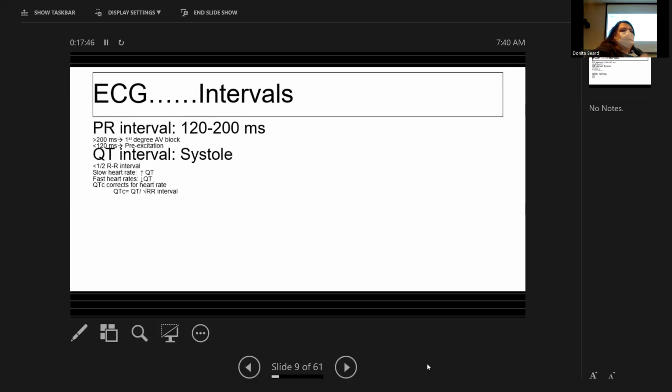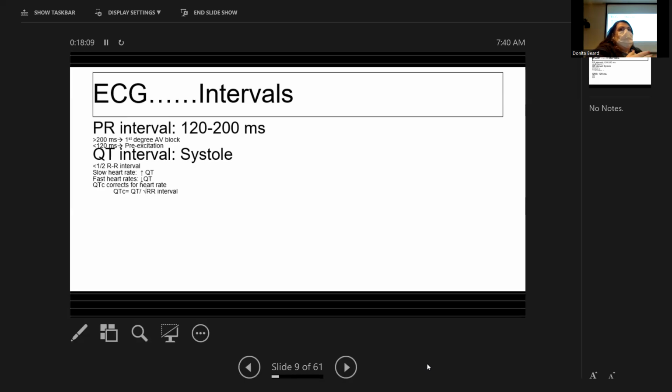The QT interval is really what defines systole. So this is when the ventricles are contracting. They like to test this on any kind of test. They'll show you what looks to be a normal EKG, and they may give you some history where the patient may have hypocalcemia or something, but always be on the lookout for QT prolongation.